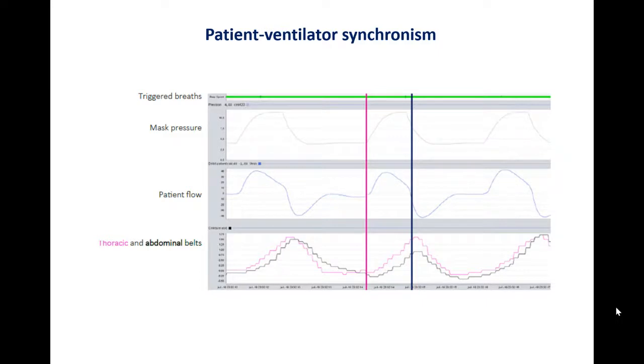If we come back to the definition of patient ventilator synchrony, good patient ventilator synchrony on triggering is obtained when thoracic and abdominal expansion occur at the same time as the ventilator cycle. And good patient ventilator synchrony on cycling is obtained when thoracic and abdominal expansion decreases at the same time as ventilator cycling.